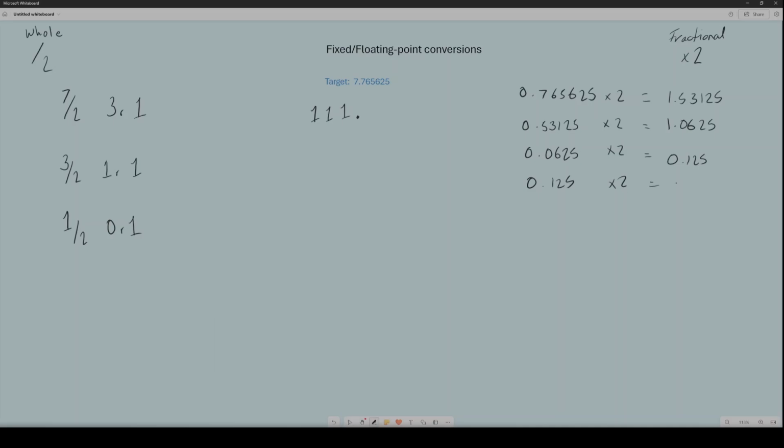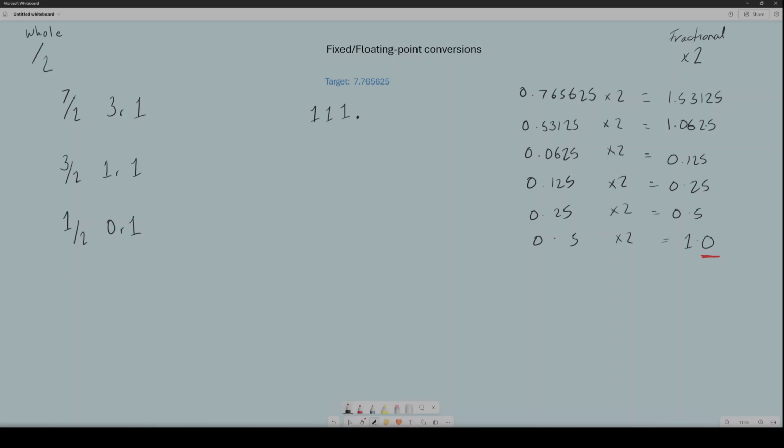So 0.25. We're going to times that by 2, which will give us 0.5. And then this is the point at which we get to the decimal value being 0. So once we reach 0, then we can stop.